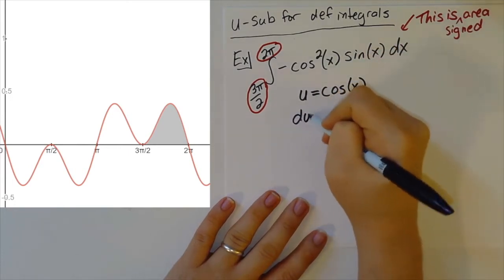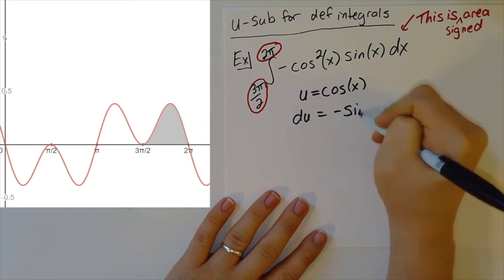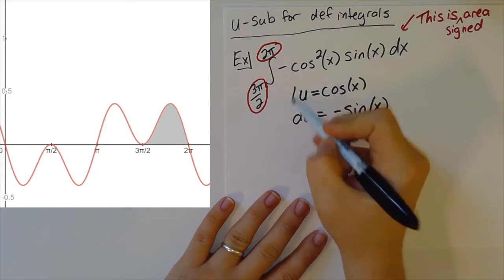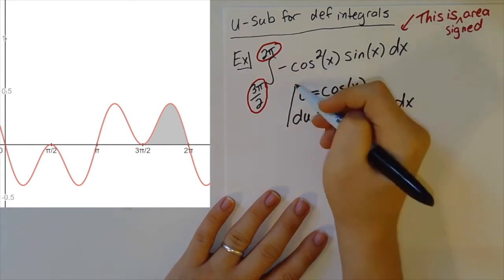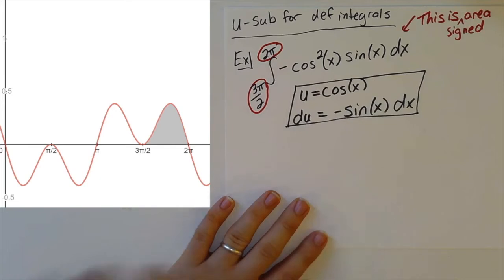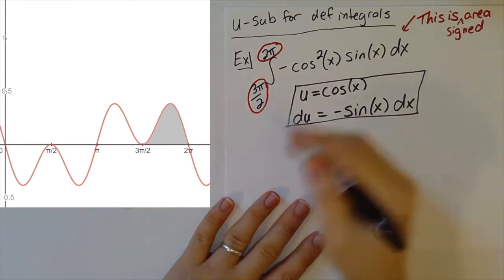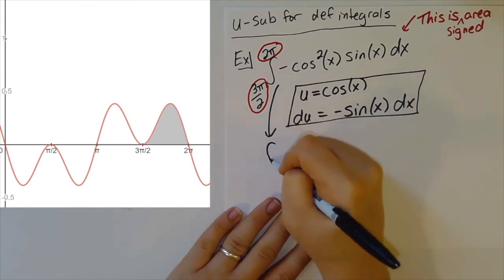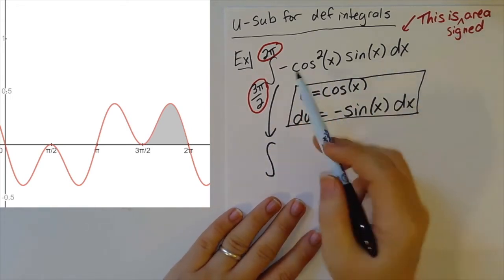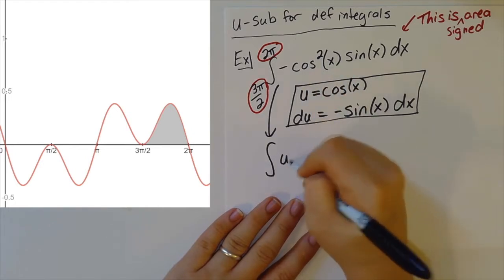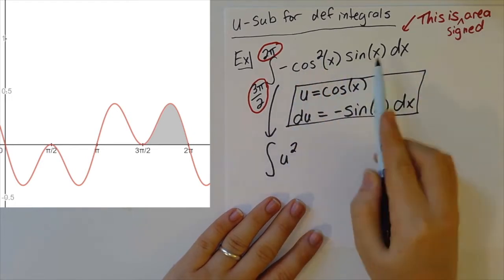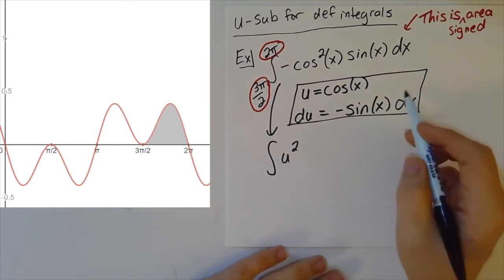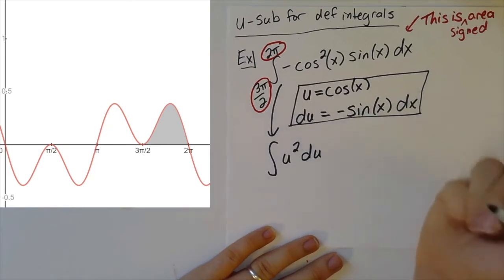Then du is minus sine of x, and that is going to be my translation device. So this cosine squared is just u squared, and that minus sign together with that sine gives me, no pun intended, a minus sign. And so this is the integral of u squared du.